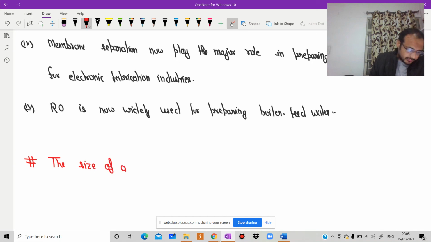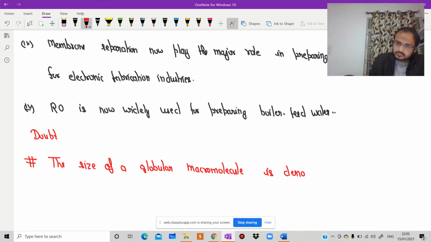The size of a globular macromolecule is denoted by its molecular weight.